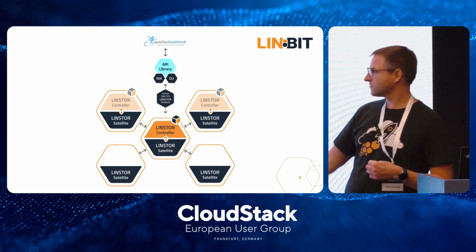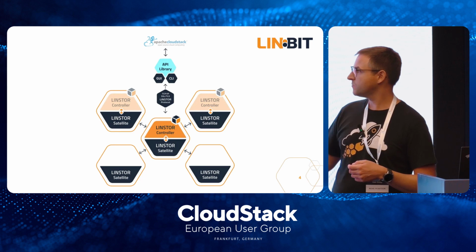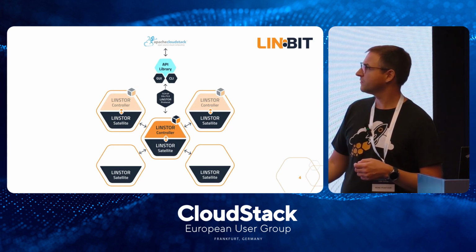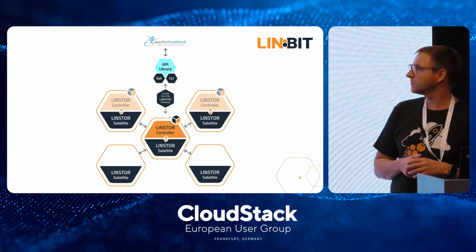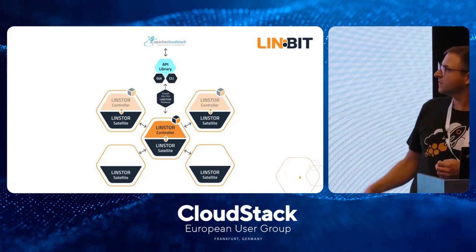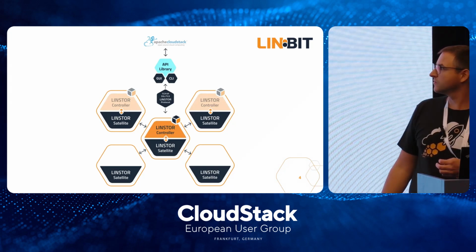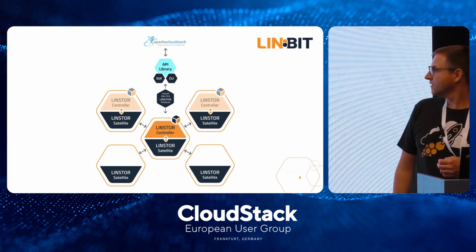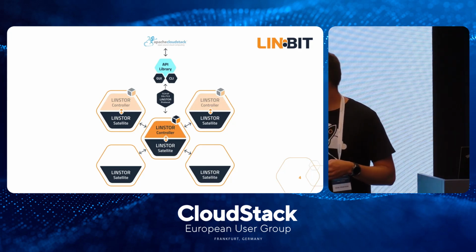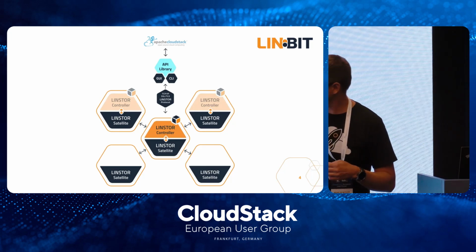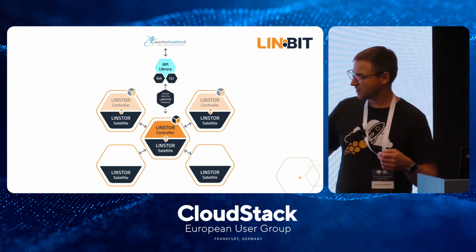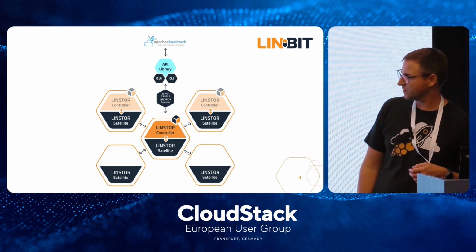You can talk to the Linstor controller over a REST API, and we have a CLI tool for managing, and since last week, an open source GUI for that. Here you have 2 nodes with storage, also on the controller node there's a storage node, and then you have 2 additional hosts which only work as diskless nodes.